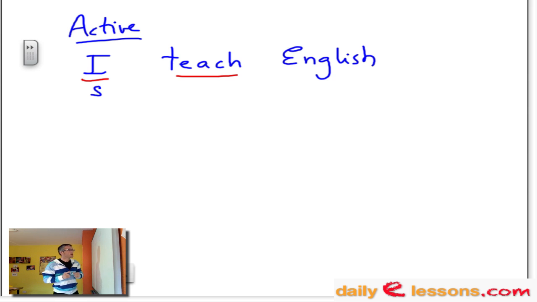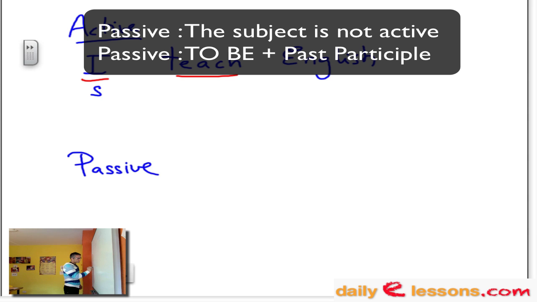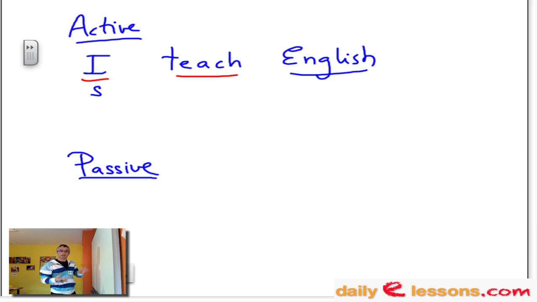That's the verb. Then if you want to make a passive sentence, and we'll see why we do the passive sentence, what we have to do is, from the active sentence, take the object. In this case it's an object, but in the passive it's going to be a subject.